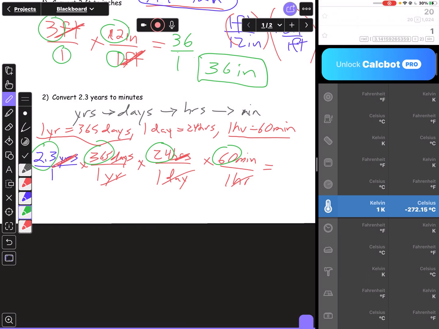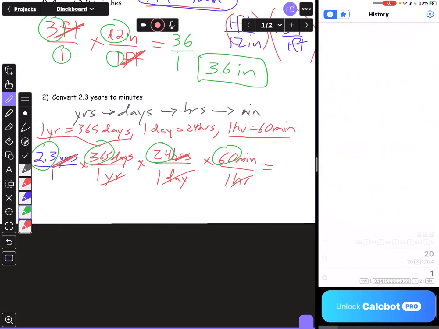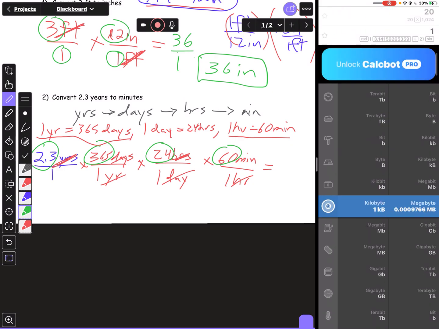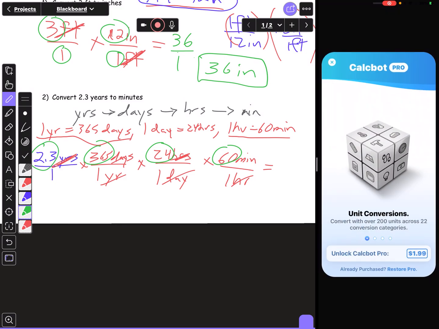If I take my calculator, if I can figure out how to get it off here.